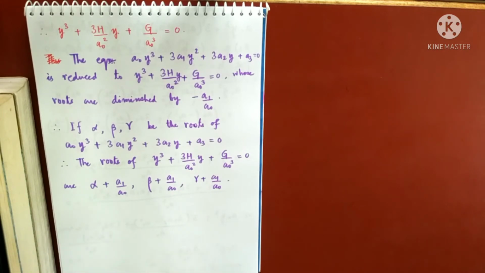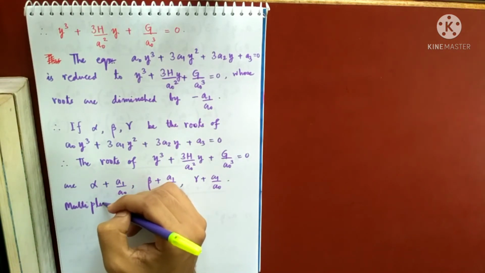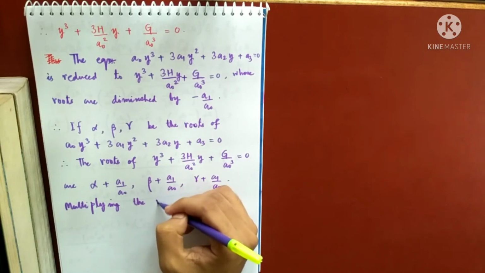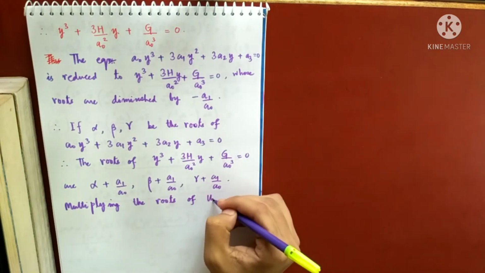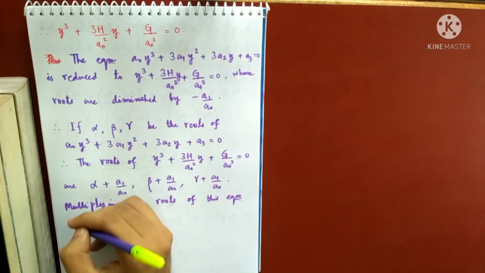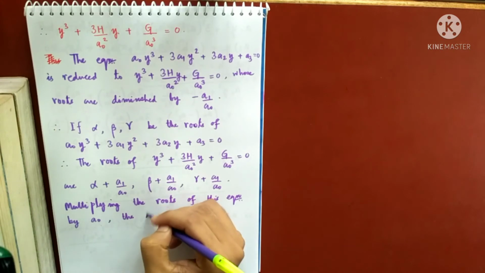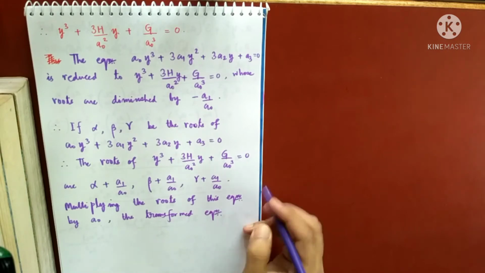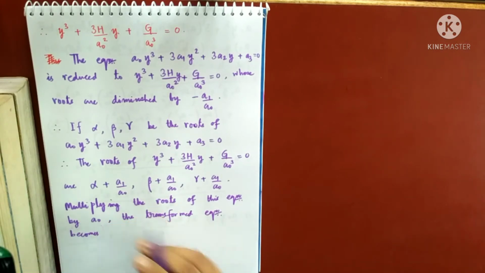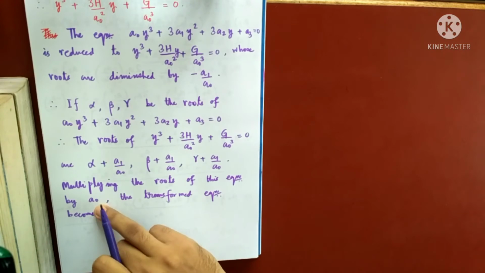So let me write it down. Multiplying the roots of this equation by a naught, the transformed equation becomes... remember this transformation of multiplication, multiplying by some number.